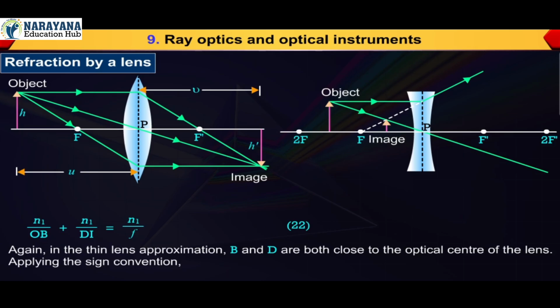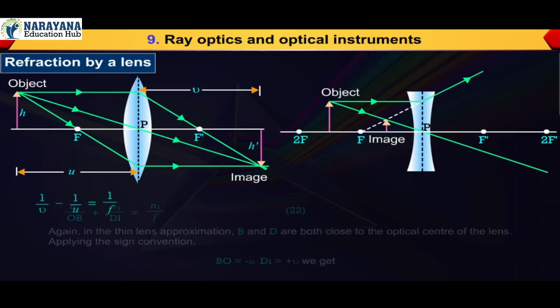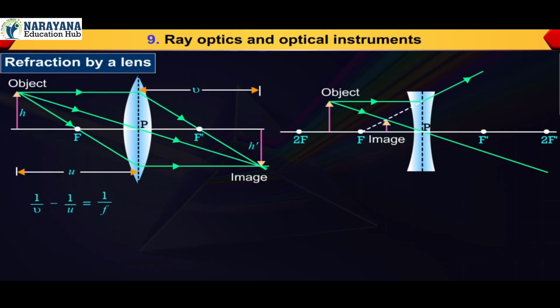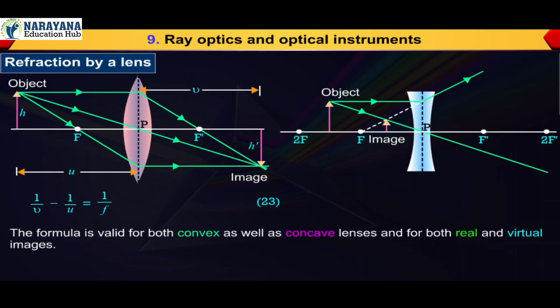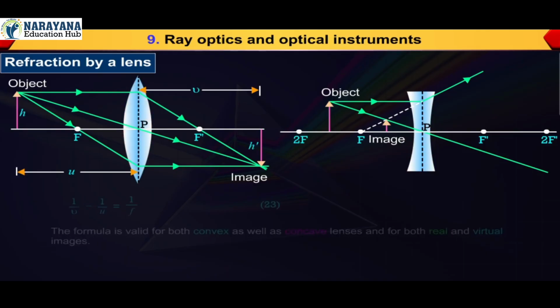Applying the sign convention, BO is equal to minus u, DI is equal to plus v, we get 1 upon v minus 1 upon u is equal to 1 upon f. Equation 23. Equation 23 is the familiar thin lens formula. The formula is valid for both convex as well as concave lenses and for both real and virtual images.